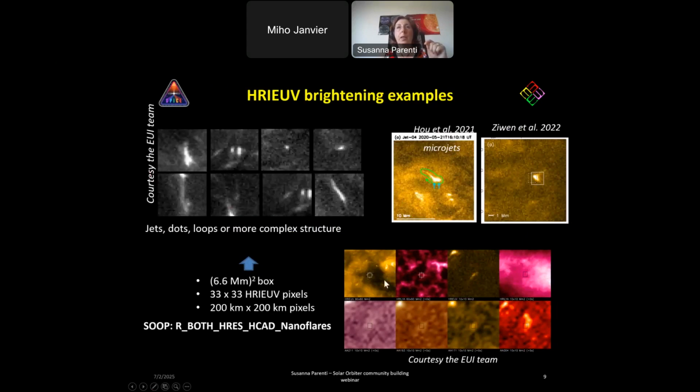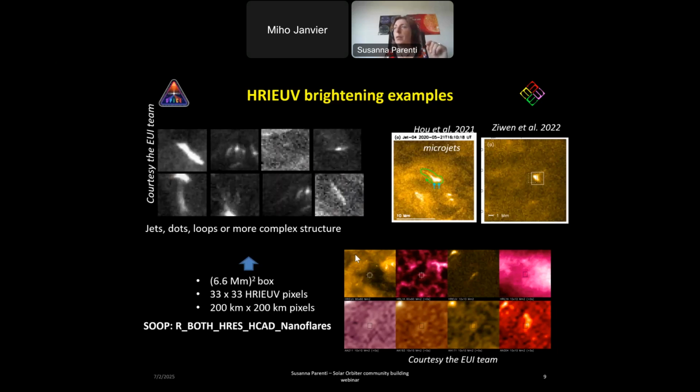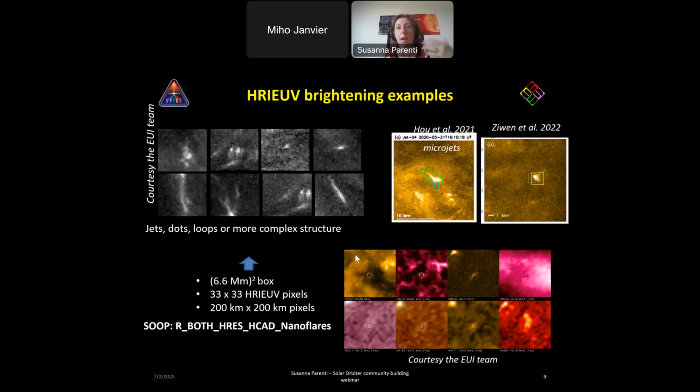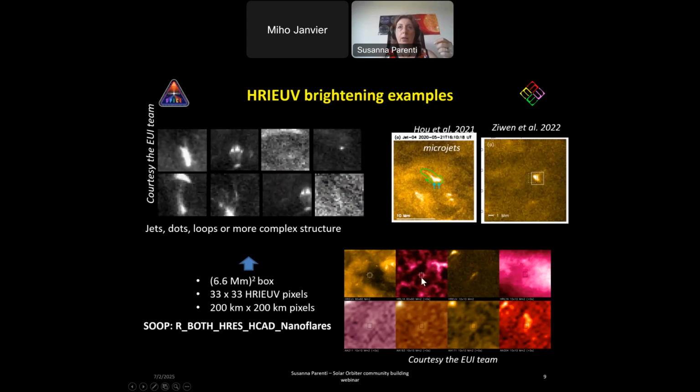Most of these features are also seen on SDO AIA, but actually the tiniest ones, considering the resolution of AIA, are seen only after they have been detected on HRI-UV. You have an example here. There is an event in the two high resolution bands, and if you zoom in on the white square, you see the loop-like feature here in the 174.